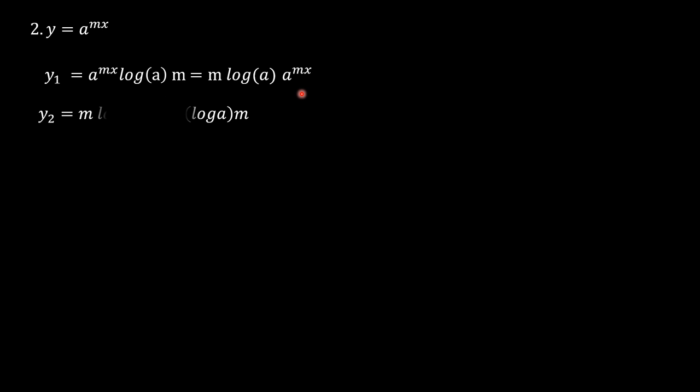And the corresponding second order derivative of the function is, keep your m log a as it is a constant, and differentiate a to the power mx. What is the differentiation of a to the power mx? It is a to the power mx log a into m, or I can just rewrite the expression as m log a whole to the power 2 multiplied with a to the power mx.